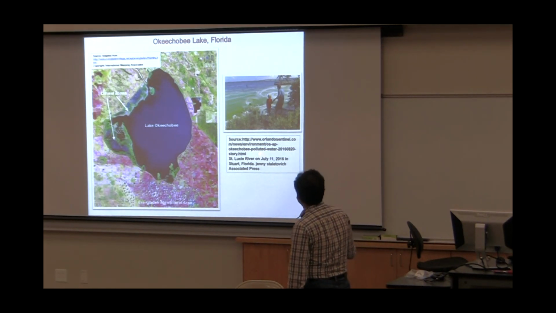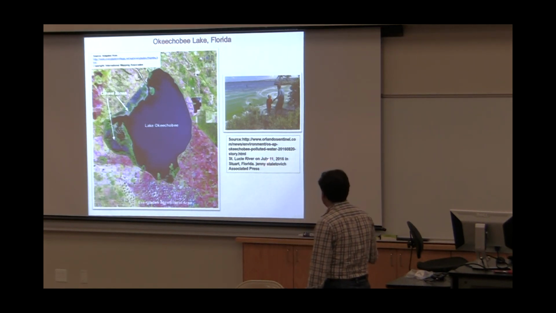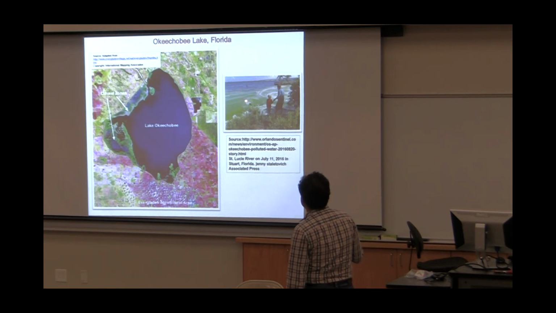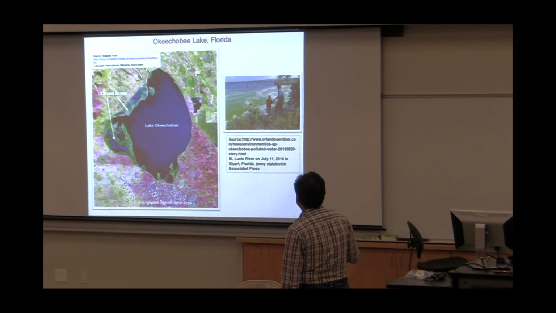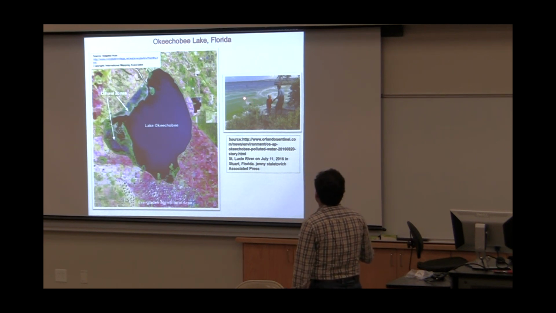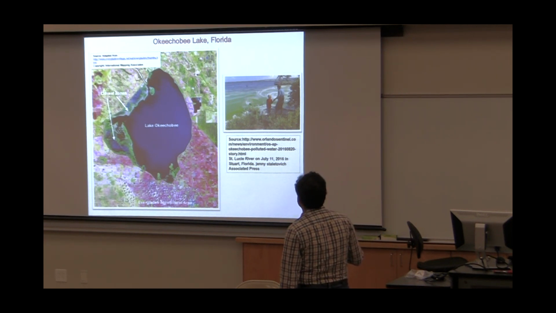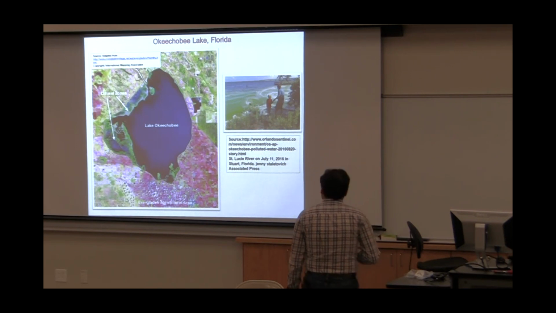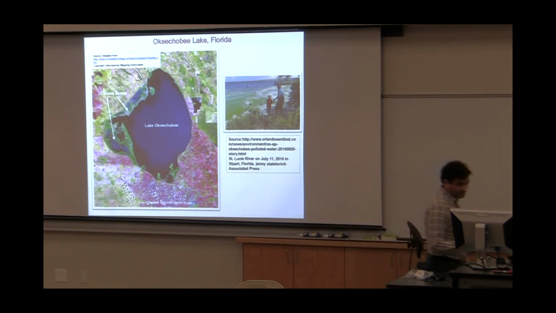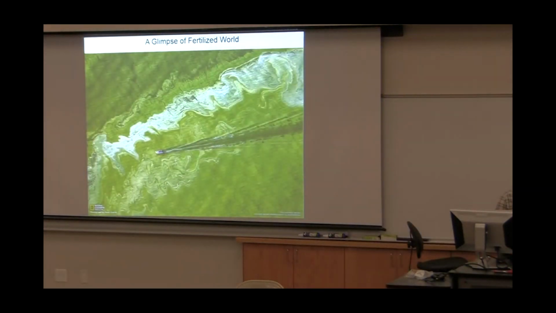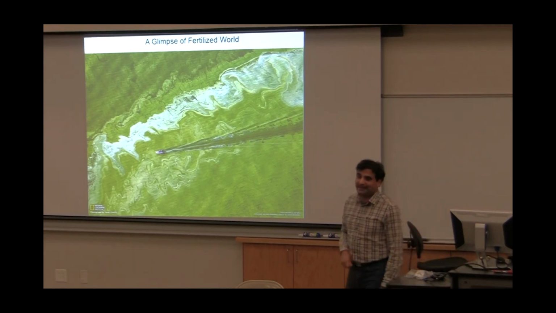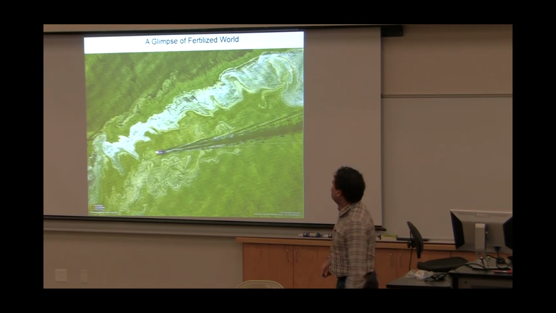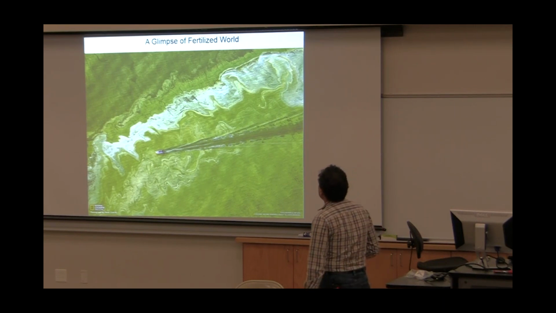This is a recent picture from 11 July 2016, and we can see the Lucie River with algal blooms, and the water quality is completely deteriorated. This story was covered by National Geographic, a glimpse of the fertilized world. It's completely covered with algal bloom.